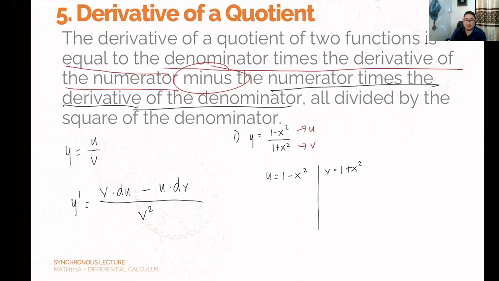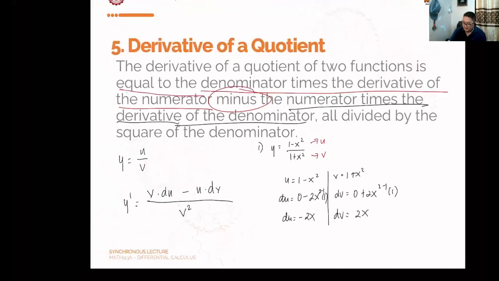Kunin lang natin derivative of each term. So du natin is equals to 0 minus 2x^(2-1) times 1. Okay? Kay dv, we have 0 plus 2x^(2-1) times 1. So yung du natin will be equals to negative 2x, and then yung dv natin will be equals to positive 2x. Okay?